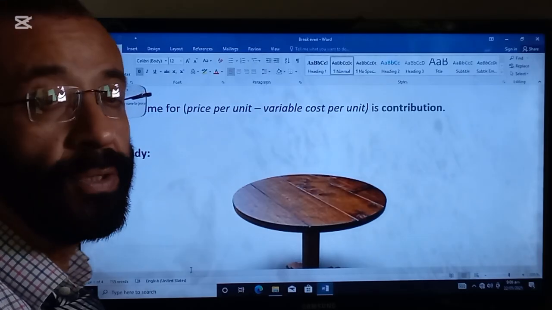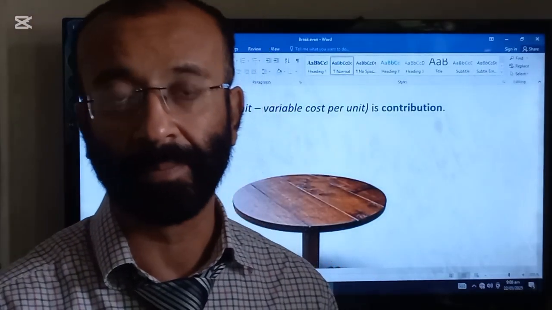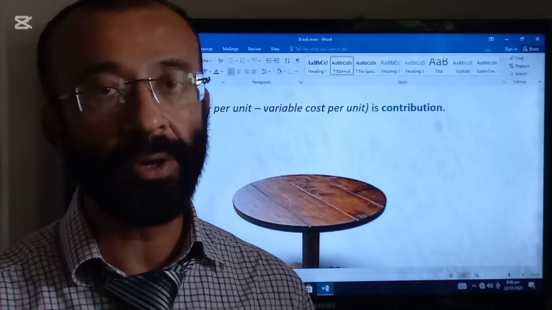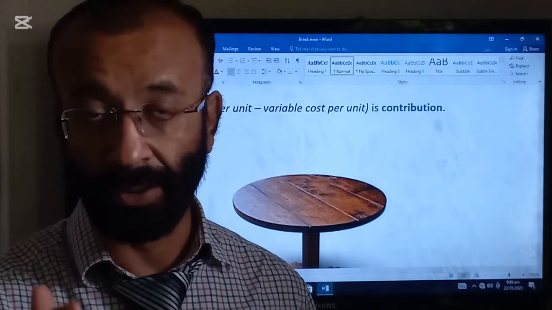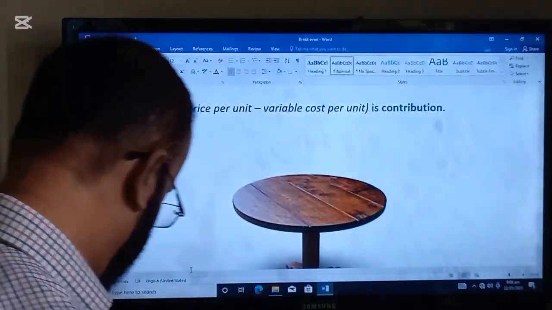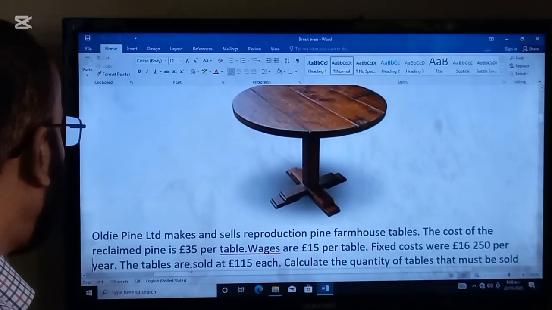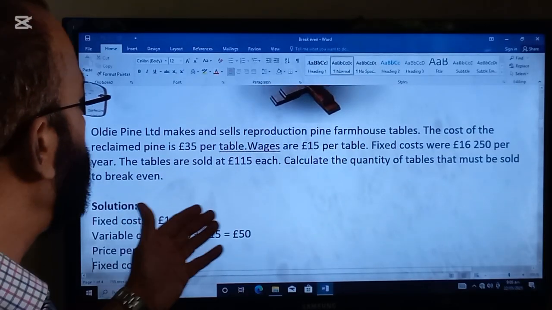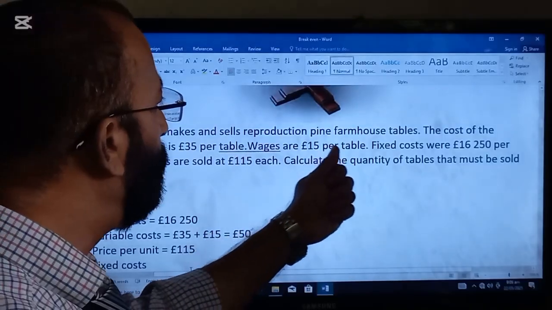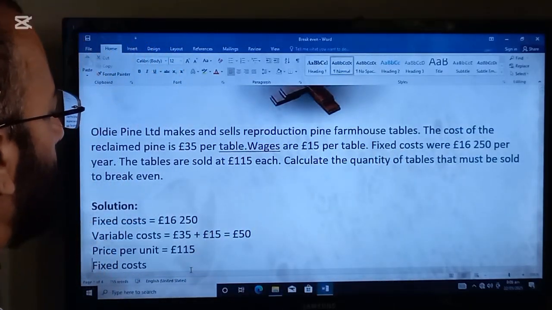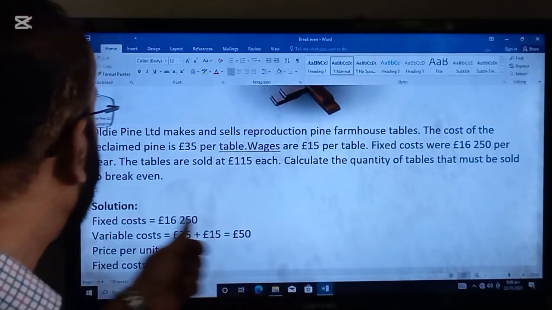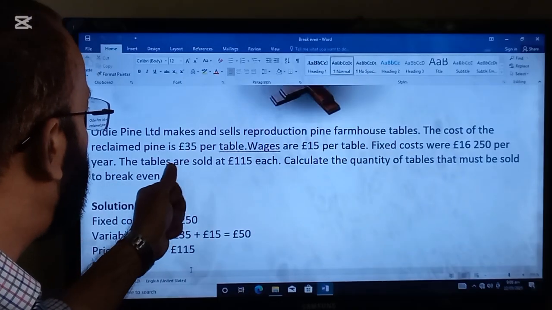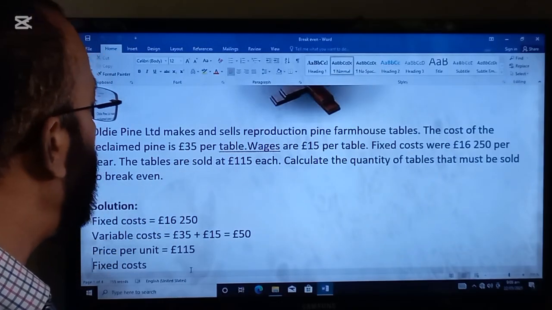Now we are going to study a case study. This will make your concepts clearer, so concentrate. Oldie Pine Limited makes and sells reproduction pine farmhouse tables. The cost of the reclaimed pine is £35 per table.